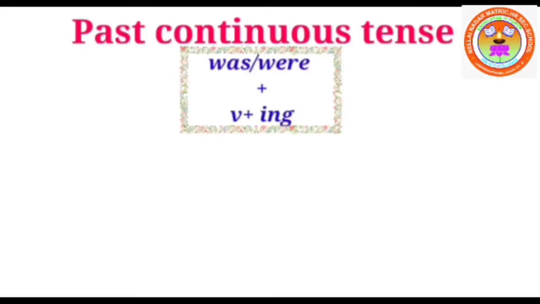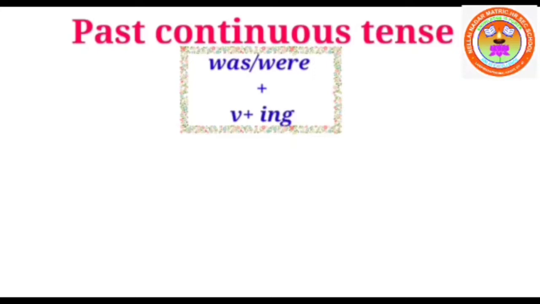Then past continuous tense. The usage of past continuous tense is to indicate uncompleted action of the past or to indicate persistent habits of the past.